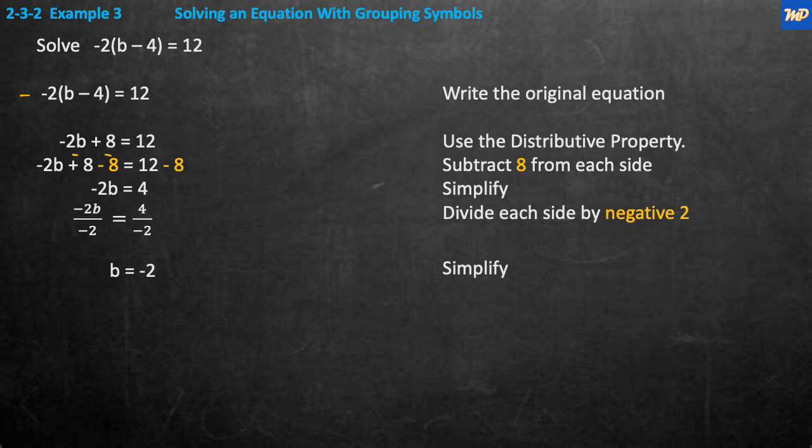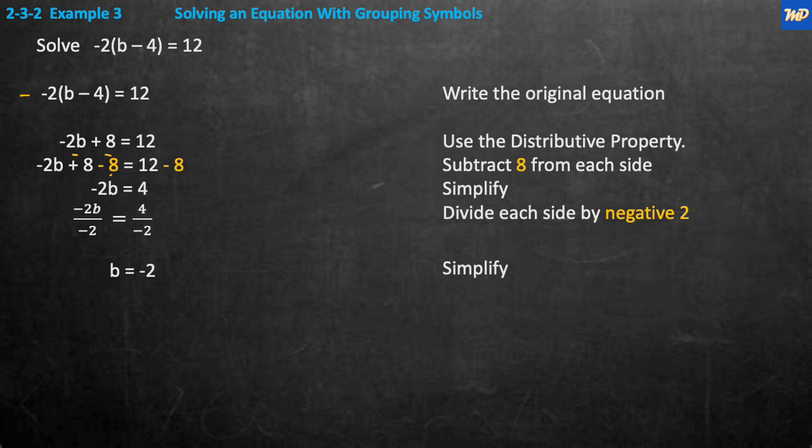So now we have a negative 8 added to both sides. Negative 2b plus 8 minus 8 equals 12 minus 8. So now if we simplify, we get negative 2b equals 4. And now we have a negative 2b. We've got to get rid of the negative 2 and make it a positive 1. To do that, we're going to divide both sides by negative 2.